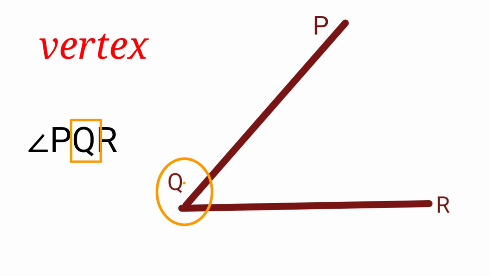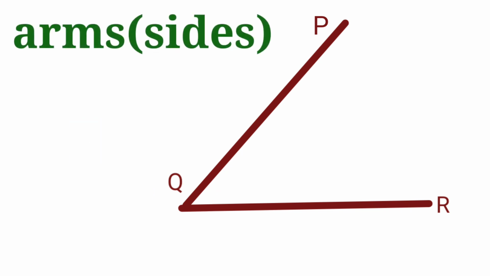Now let's see what we mean by arms or sides of an angle. In the same angle PQR, line segment PQ and line segment RQ are known as the arms or sides of angle PQR. Here you can see side PQ and side QR.